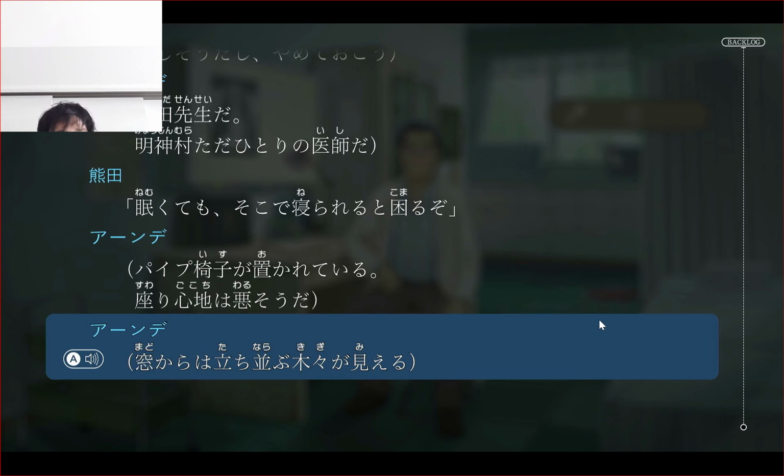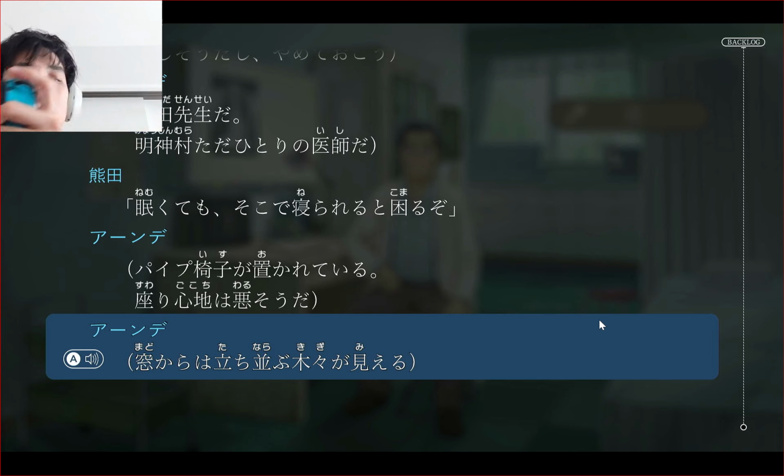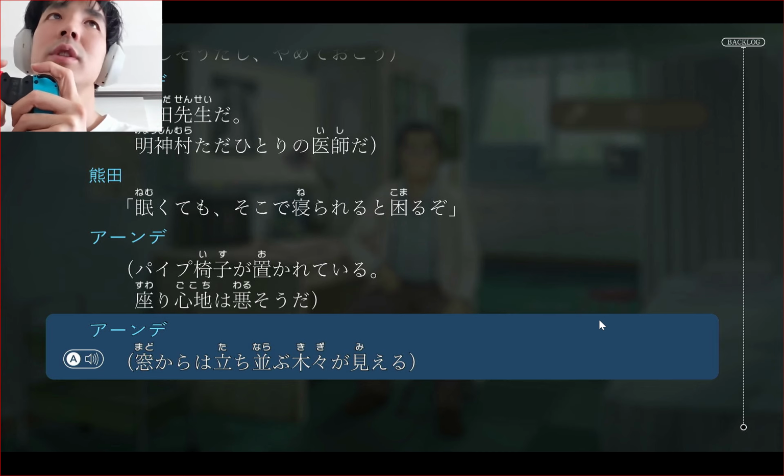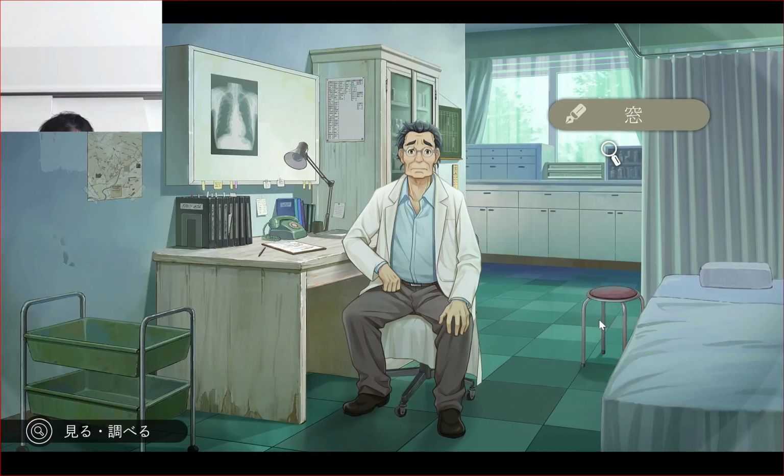Trees that are standing in a line. 立ち並ぶ木々が見える. And those things are the whole subject of the sentence. Ga, this is ga right here. I don't know if you can see my mouth. 見える.